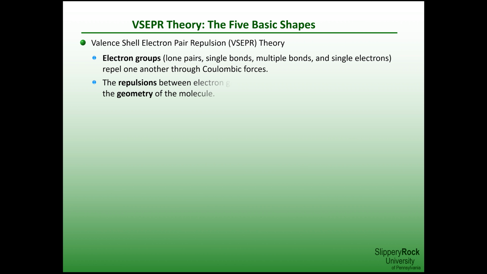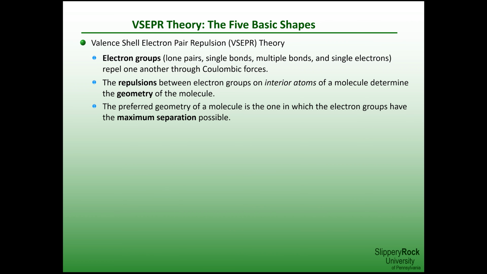Because these negatively charged regions repel each other, they arrange themselves around a central or interior atom in a way that maximizes their separation. As a result, the geometry of a molecule is determined primarily by the number of electron groups surrounding the central atom, not by the identity of the surrounding atoms themselves.